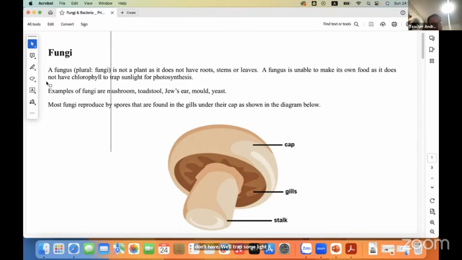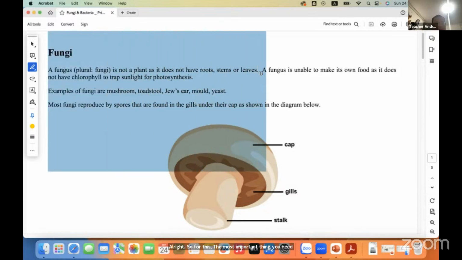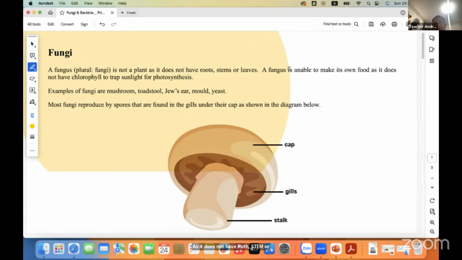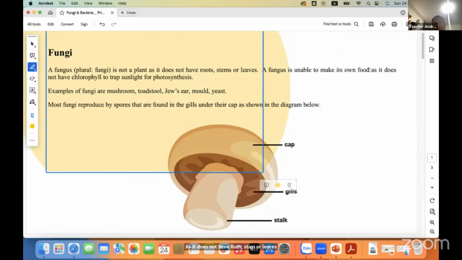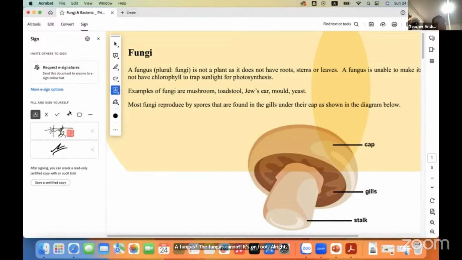So for the textbook, the most important things you need to know are these two.